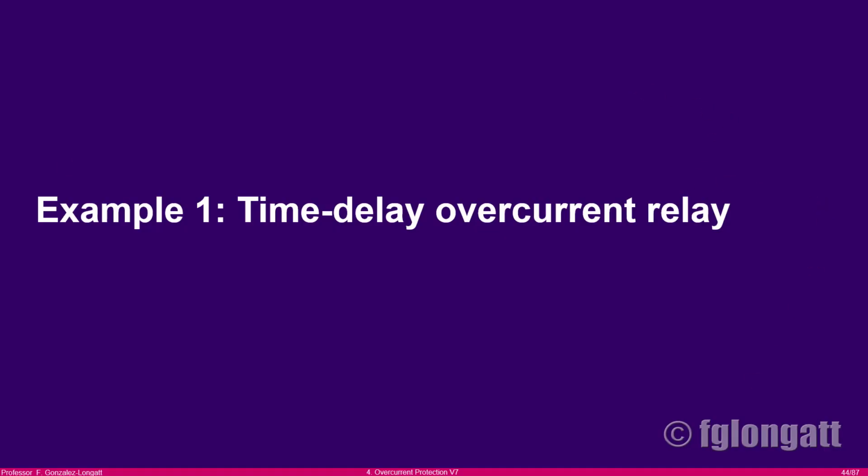Okay, it's time to put into practice the understanding and the knowledge that we got before. Okay. And this is a first example regarding settings and understanding the curve of the overcurrent relay, the time delay relay.